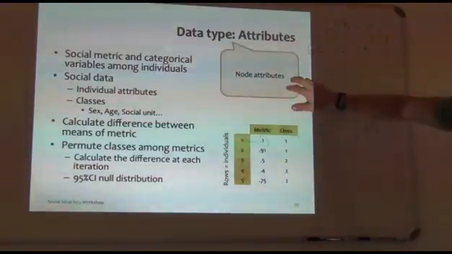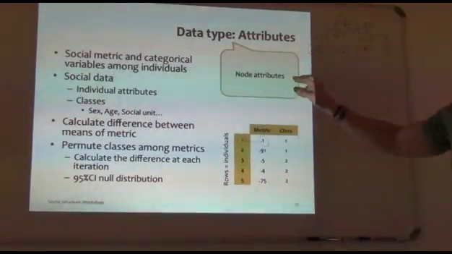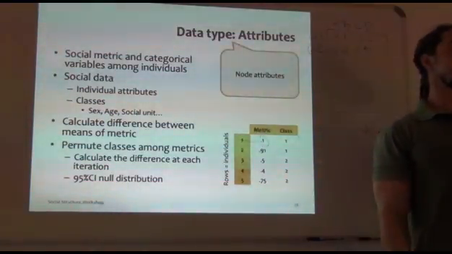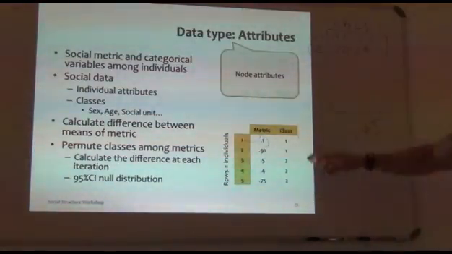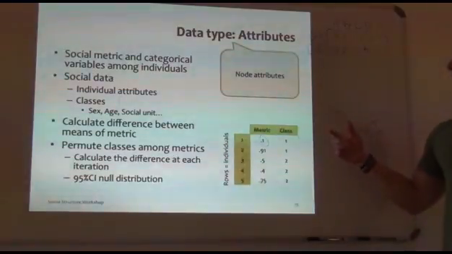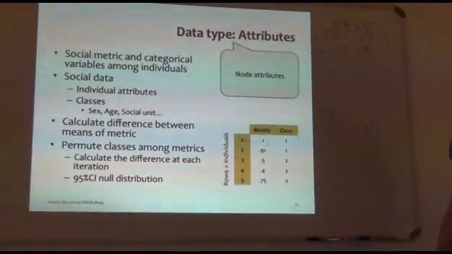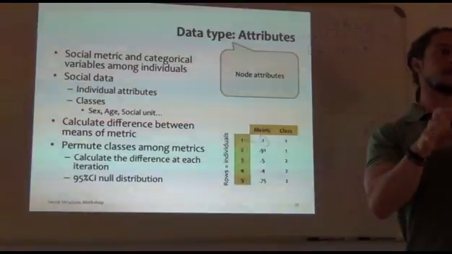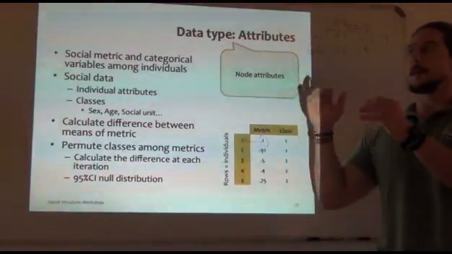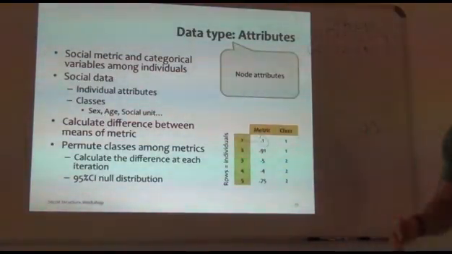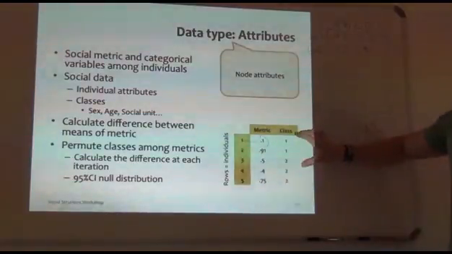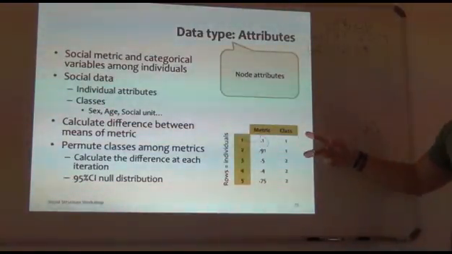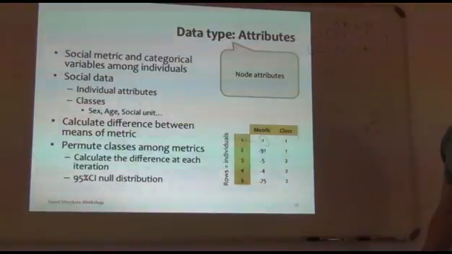We work with the node attributes, so pretty much the same as the supplemental data we put in SOCPROG, and could be social units or even modules that they are part of. If you figure out they have these modules and you find the membership for each social module, for example, we can shuffle them around. And here we are interested in the difference between the classes. So usually we are comparing the mean values within these two classes.